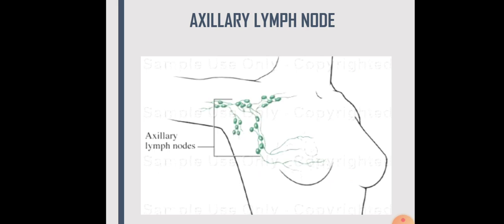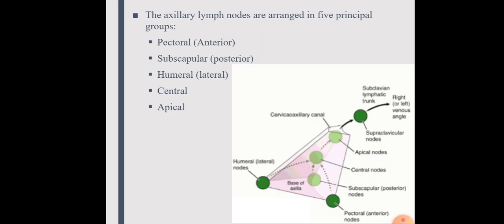Axillary lymph nodes. The axillary lymph nodes are divided into groups, which are the anterior group, posterior group, central group, apical group, and lateral group.